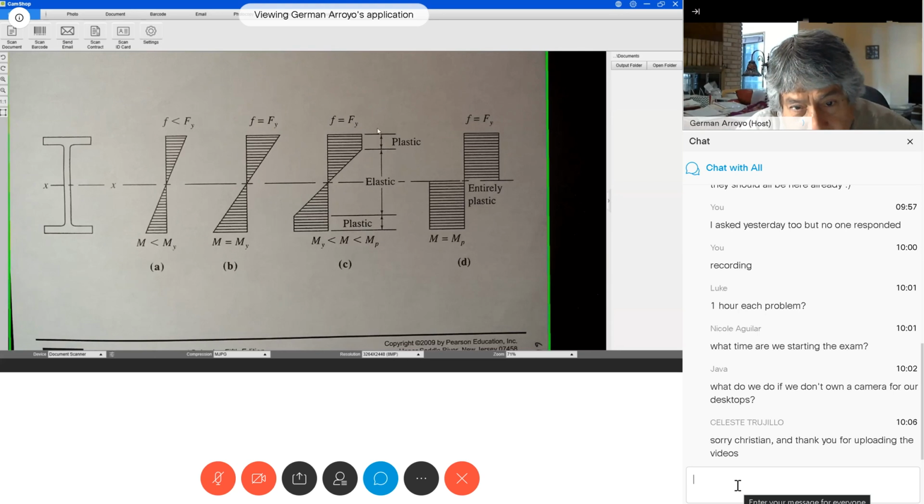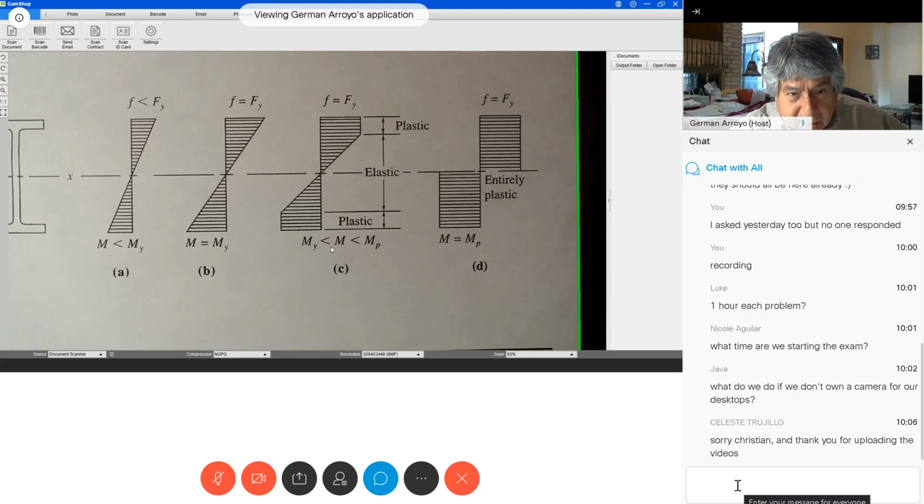Look, all of this is plastic and all of this is elastic. So this is a typical case where the moment is larger than the moment at first yield, but smaller than the plastic moment. If you keep applying load, and normally we do this in the testing lab.